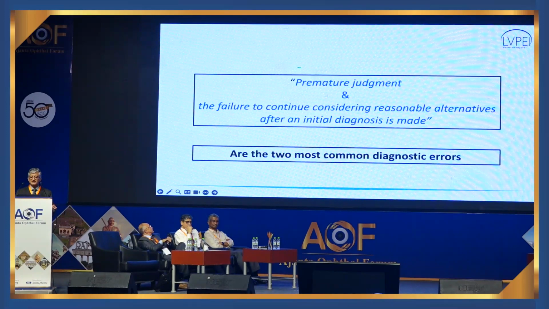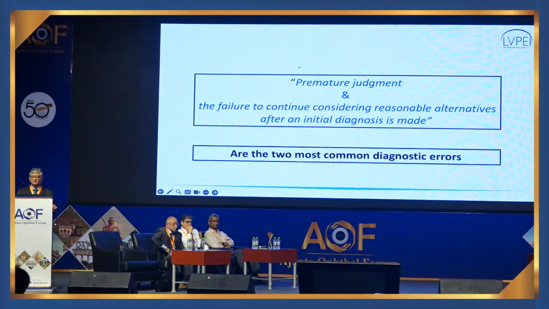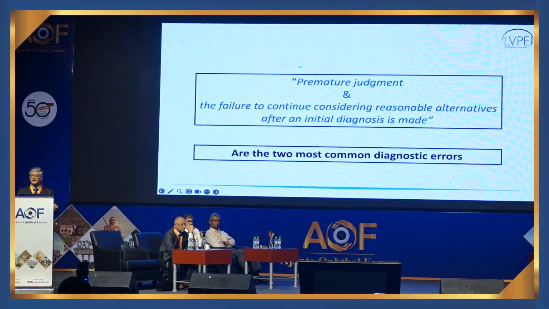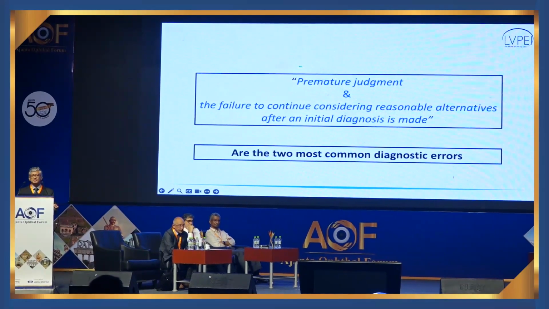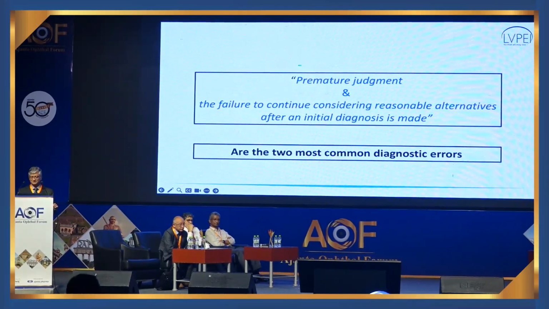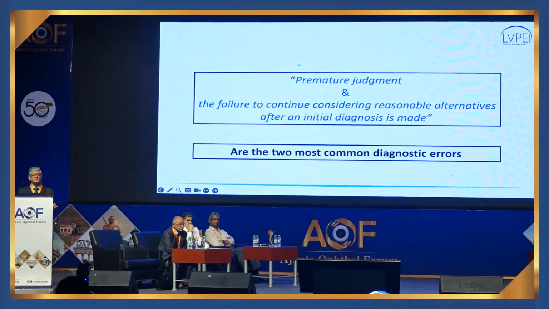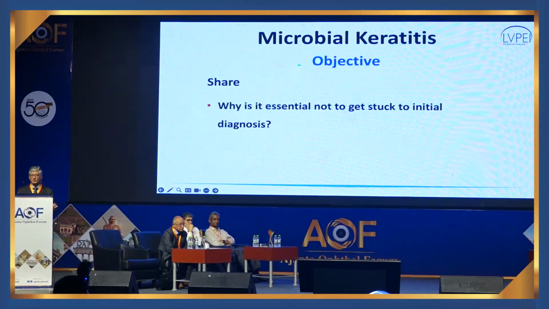Premature judgment and failure to continue considering reasonable alternatives after an initial diagnosis is made are the two most common diagnostic errors. And we have seen that in corneal ulcers, both of these factors account for missed diagnosis of common diseases.